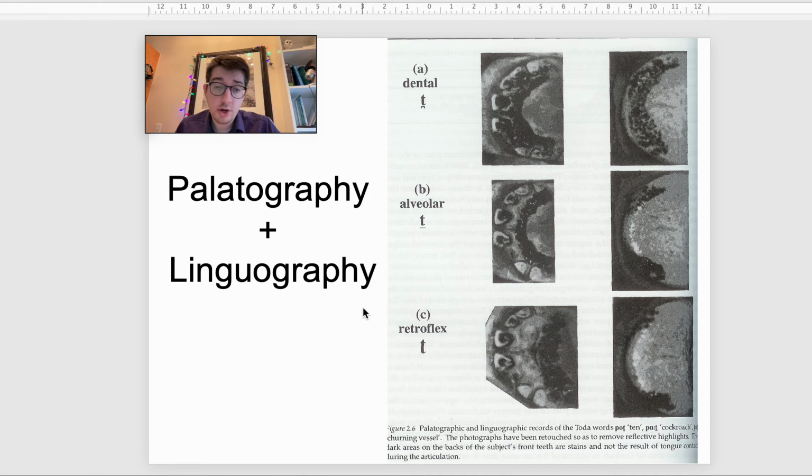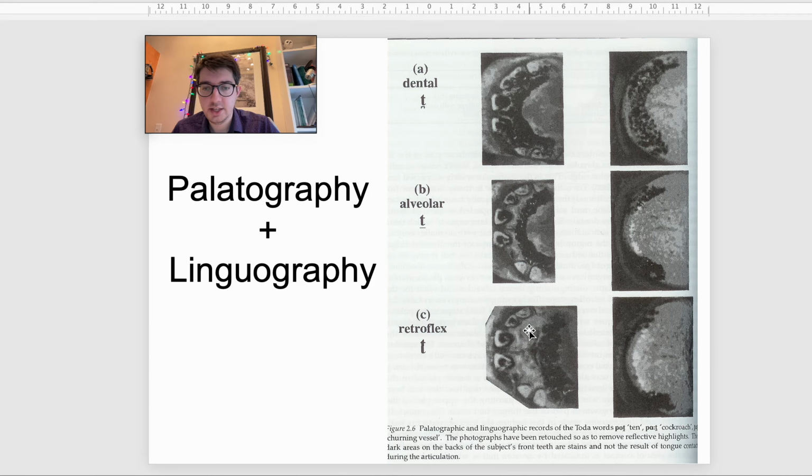With respect to linguography, it's a similar procedure, but you apply charcoal to the tongue, right? So we have palatographic and linguographic records of Toda words, part and retroflex part, I think.